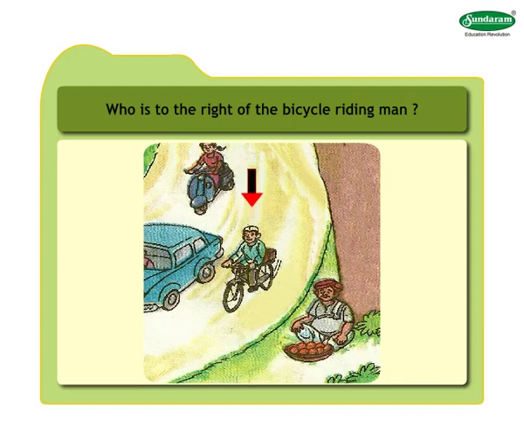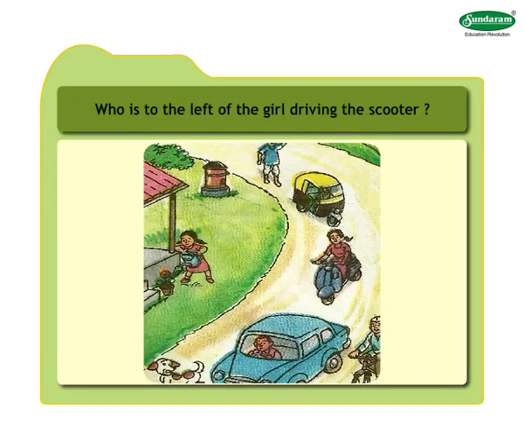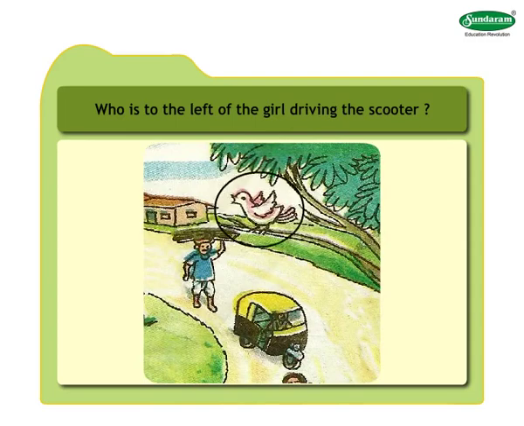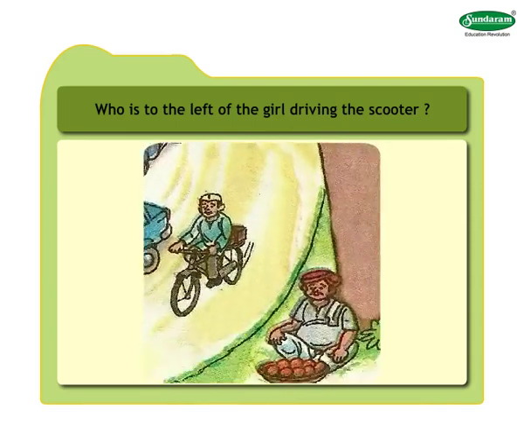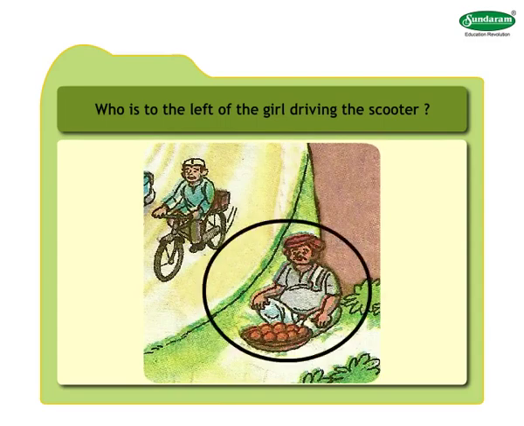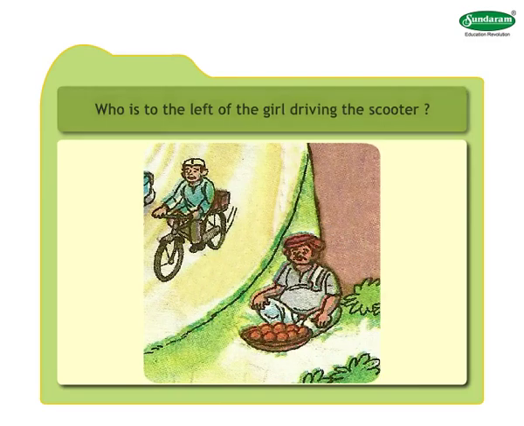riding the bicycle. Who is to the left of the girl driving the scooter? Yes, the girl watering the plants is to the left of the girl driving the scooter. The bird is seen sitting on the tree, while the fruit seller is sitting under the tree.